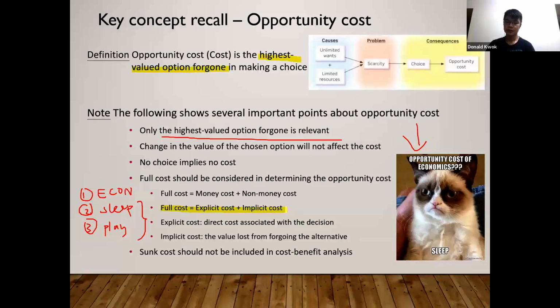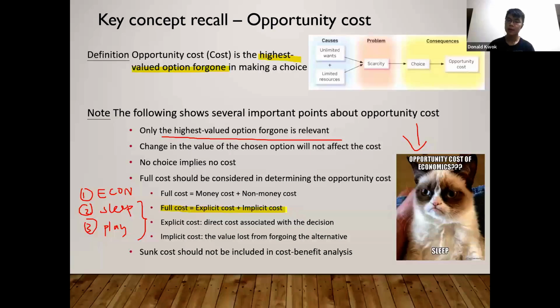Imagine the example of attending the university, attending college. An example of explicit cost could be the tuition fee, because it is the direct cost associated with the decision, the direct monetary payment that you really need to pay to the university for the education.